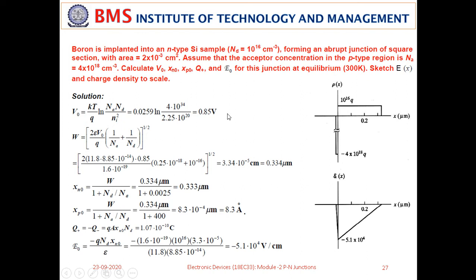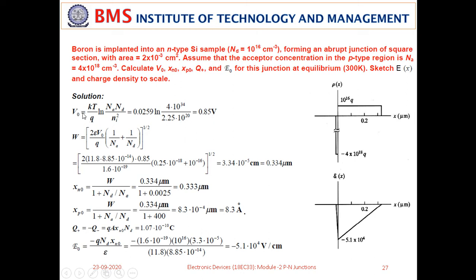Ni, in module 1 we have discussed the intrinsic concentration. So you just remember that value. It's 1.15 into 10 to the power of 10. So its square becomes 2.25 into 10 to the power of 20. If you simplify that, it gives you 0.85 volts.